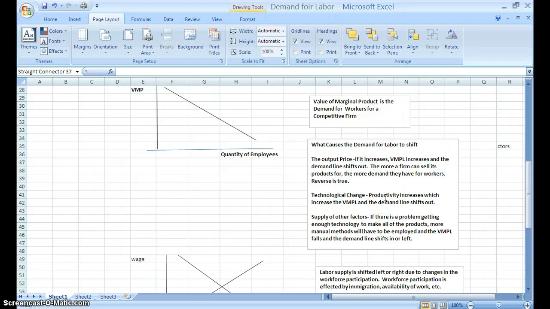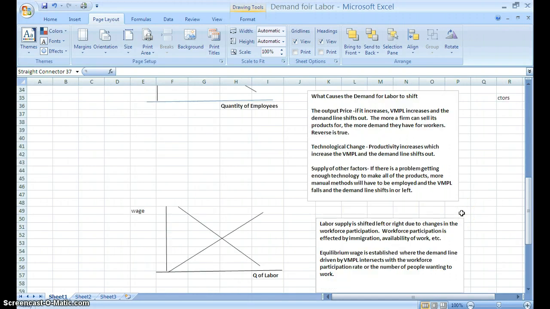Technological changes also matter. If I have a productivity increase, if I am able to buy a piece of equipment that makes the person that works for me more productive, that increases my value of the marginal product of labor, and my demand for more people increases. Anything that impacts the value of the marginal product of labor will impact the demand for labor.